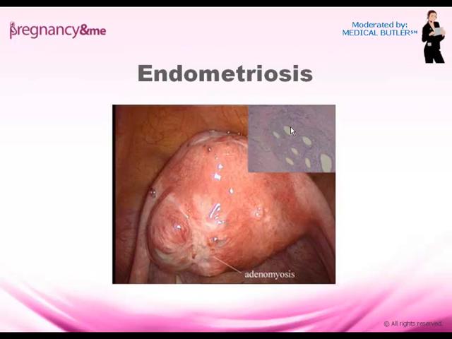This is the histology, meaning that when you slice through this uterus and it's stained with a special microscopic stain, you can see the glandular little holes that you typically see in a deposit of adenomyosis within the muscle wall of the uterus.